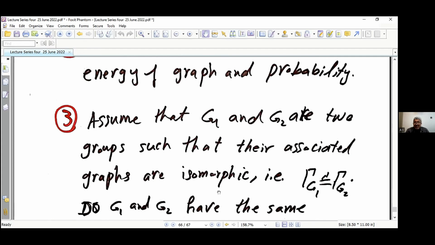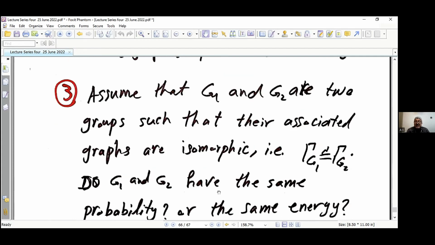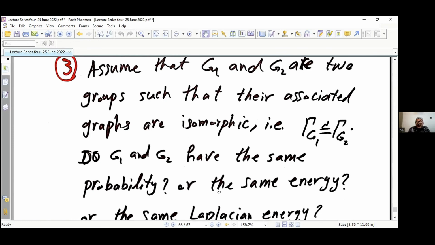Now, the question is that, do G1 and G2 have the same probability? We have an isomorphism between two graphs. So does this isomorphism give us the equality for the probability of these groups?